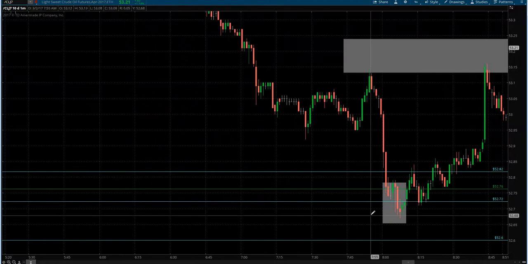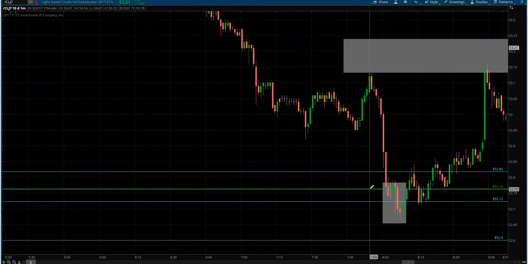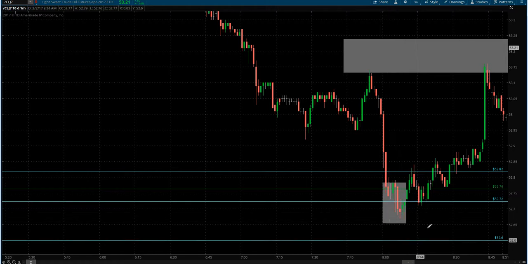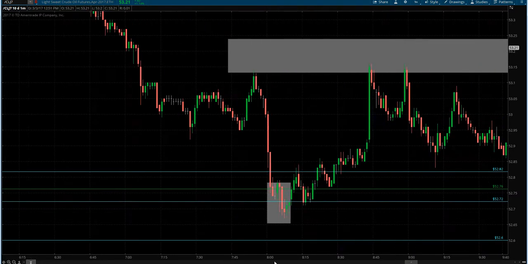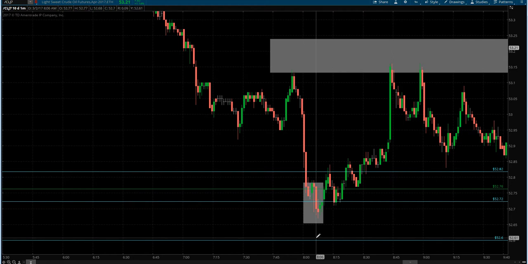Because as you can see, if you're a large institution, you're just not going to dump all 2,000 contracts at some level. So you have to average in, right? My example of market making would be, and this is how I try to identify prices, let's just say you're a big hedge fund guy, and all your hedge fund does is trade oil all day, right?